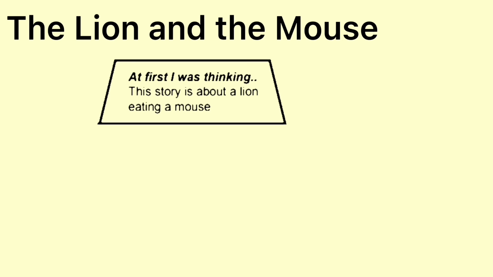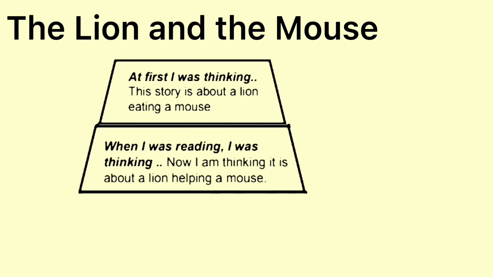For example, you're about to read The Lion and the Mouse. Then of course, you would have your background knowledge. So you would say, at first, I was thinking this story is about a lion eating a mouse. Then when you have read the story, you would say, when I was reading, I was thinking, now I am thinking it is about a lion helping a mouse.